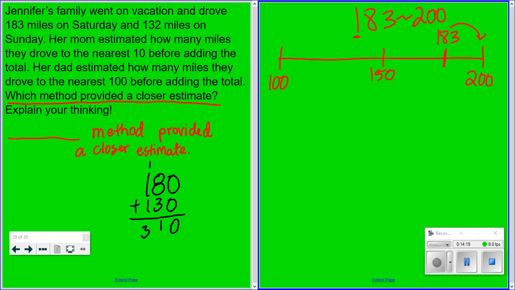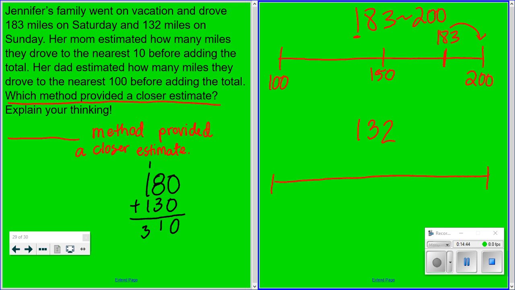All right. Let's now go to 132. Draw our number line. Get us ready. Miranda, do you think you can figure out what my first endpoint is going to be?